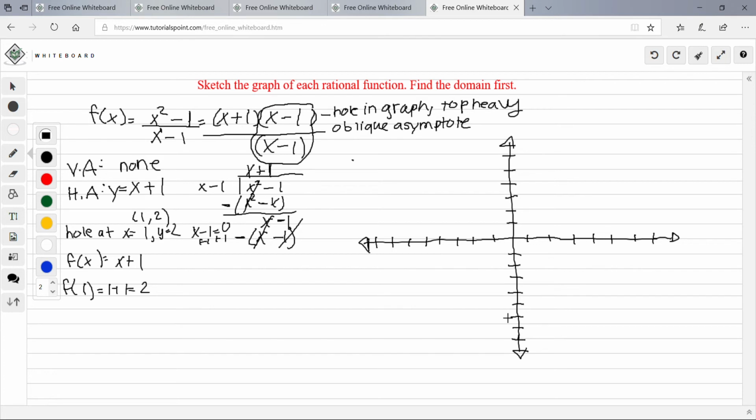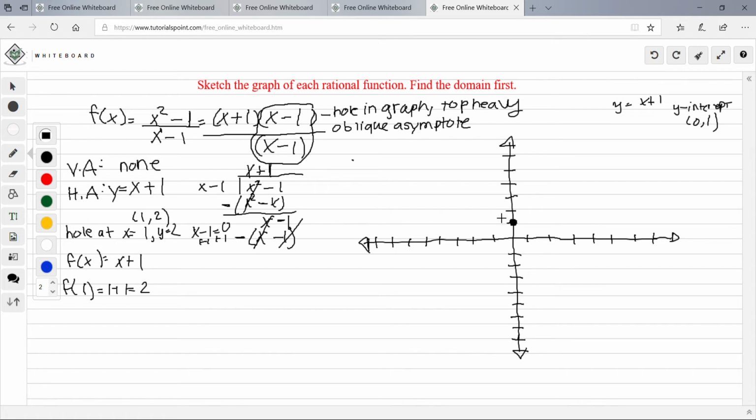First, we don't have a vertical asymptote, so it's none. Our asymptote is y equals x plus 1. Remember, there are two ways you can graph it. You could start at 1 and then go up 1, right 1, up 1, right 1. Or you can just find the x and y-intercepts. We know our y-intercept is 0, 1, so it's right here.